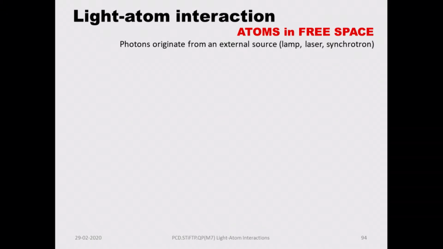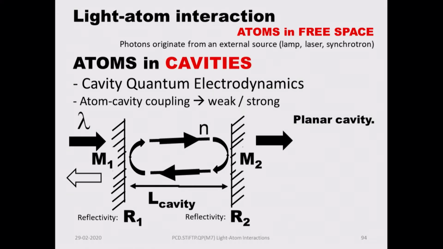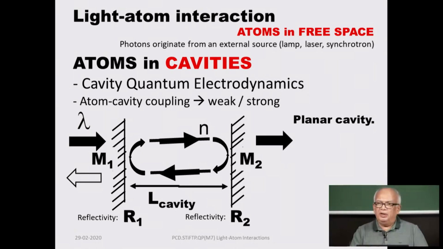So, if you have atoms in free space, you have a number of different modes which are possible. When you have cavity electrodynamics, the electromagnetic field is confined to a particular cavity, then the standing waves will automatically pick only certain modes which can survive in that.